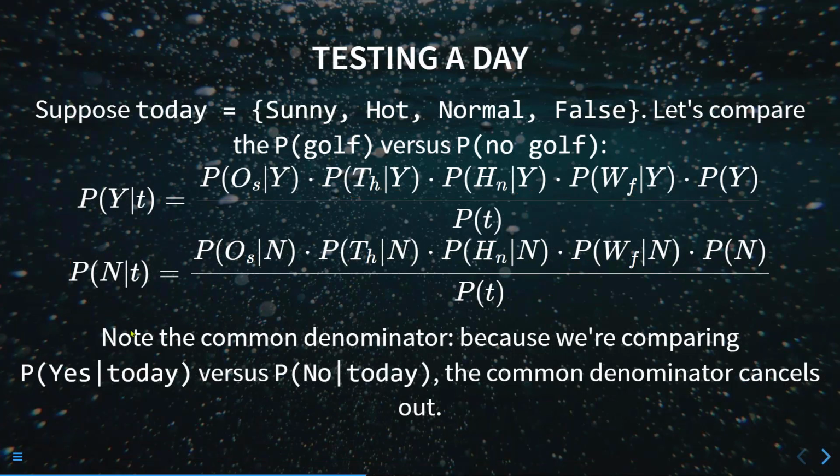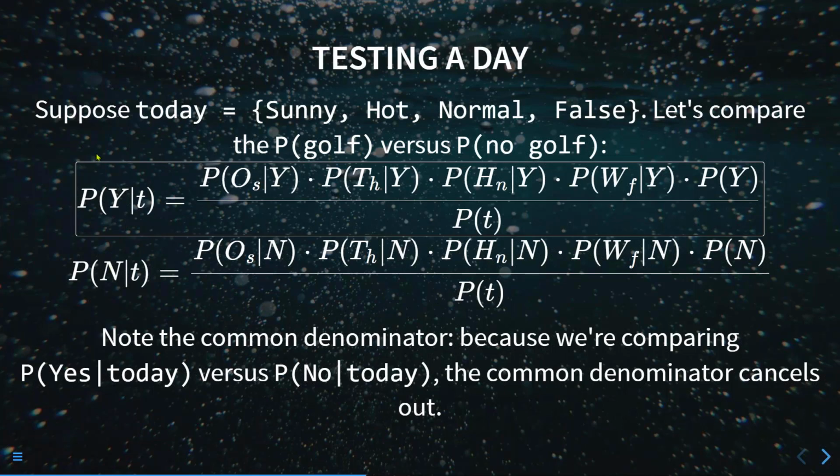Now, I mentioned that getting P of A is really difficult. But what's interesting here is T is today. So the likelihood that all of these 4 will be true, that it will be a sunny day, a hot day, normal humidity, and a false wind factor. I don't know the probability of that. I don't know the probability that all of these things are true. But P of y given t and P of n given t both have the same common denominator.